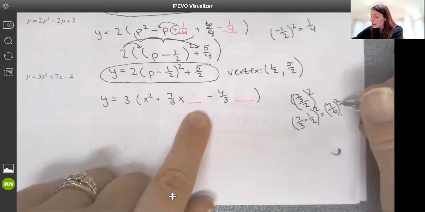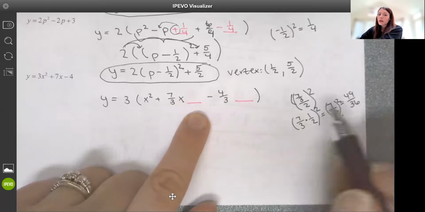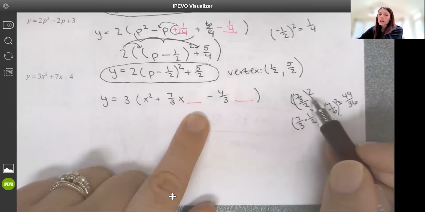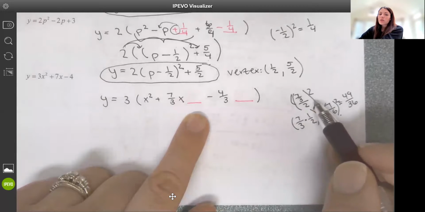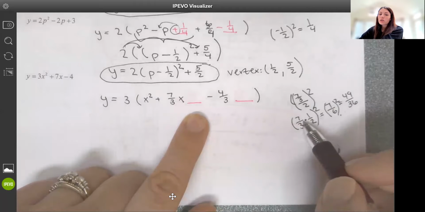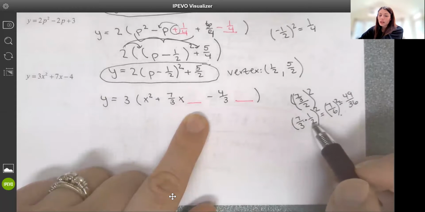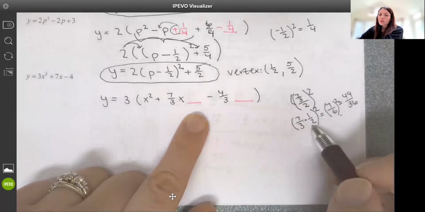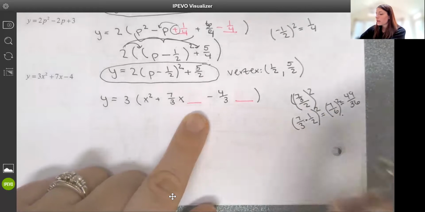7/6 squared is 49/36. So it's really tricky to get the c value that would complete the square here. When I have a fraction divided, remember keep, change, flip, properties of fractions. Instead of dividing, we keep the numerator, change it to multiplication, and take the reciprocal of 2, which is 1/2. 7/3 divided by 2 is 7/3 times 1/2, which becomes 7/6, squared gives me 49/36.